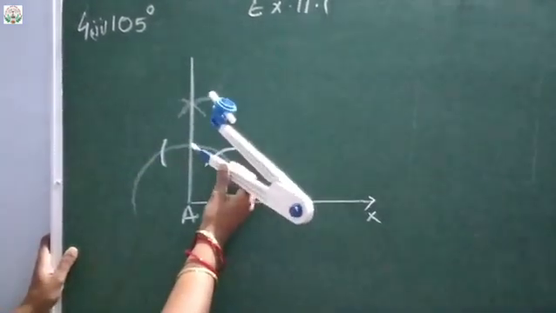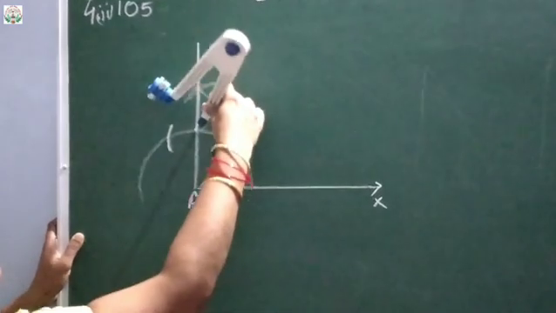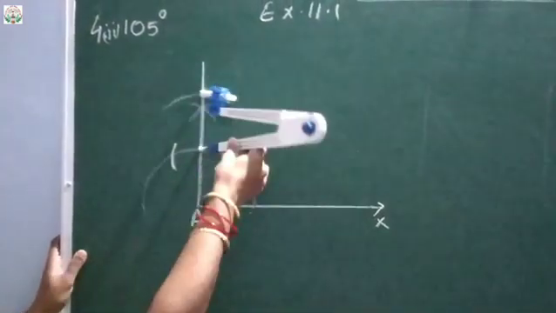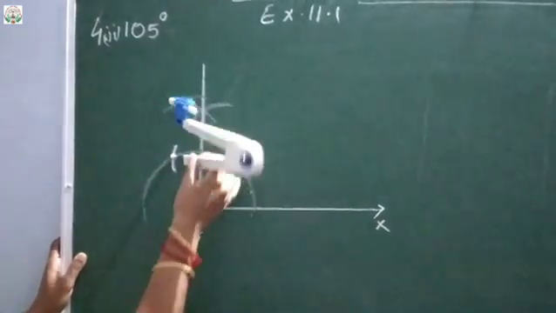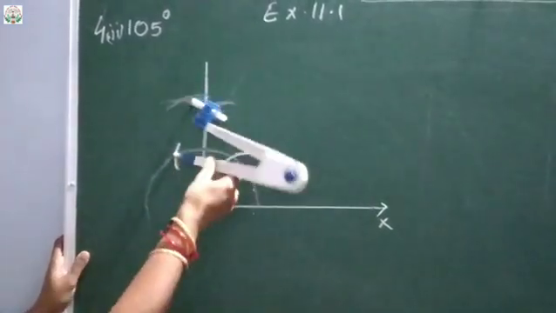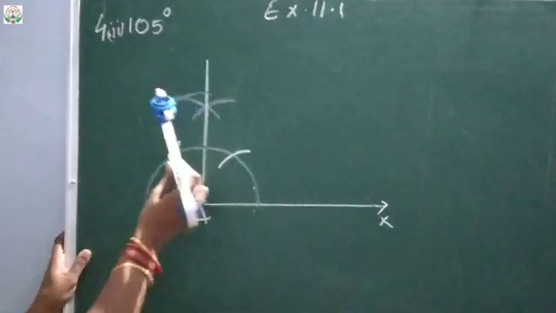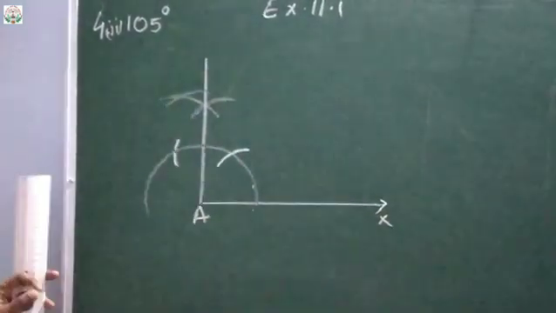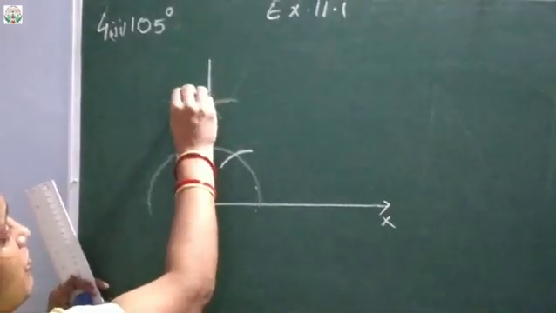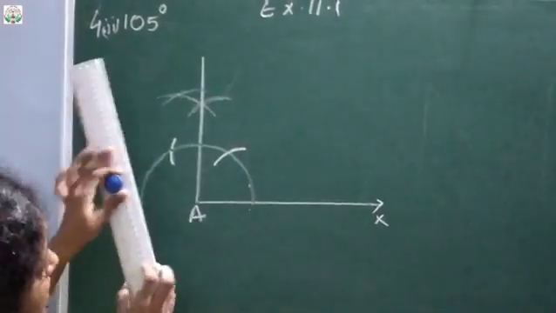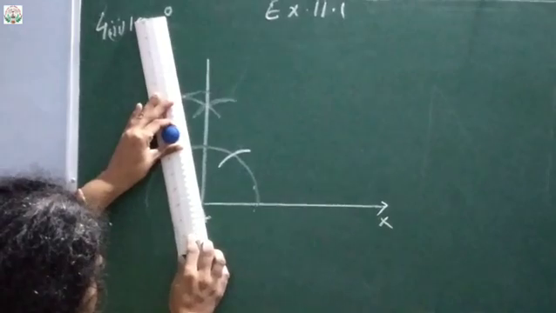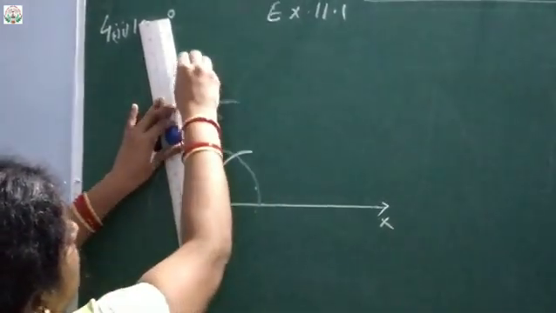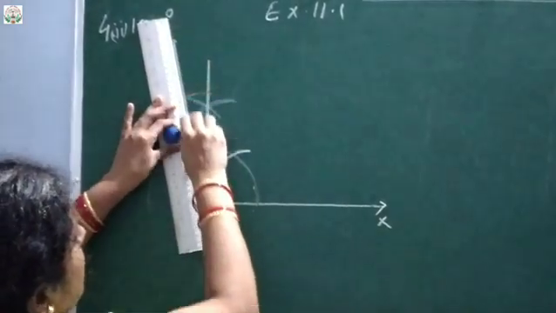So keep the same arc needle at 90 and draw an arc likewise. And at 120 keep and draw. Wherever the intersection took place, that is 105. So join this with the initial point and draw a line likewise.